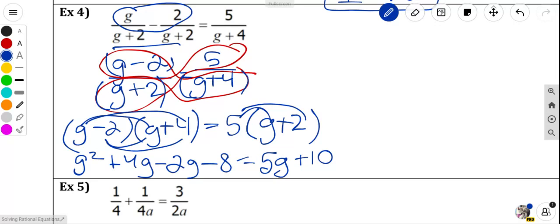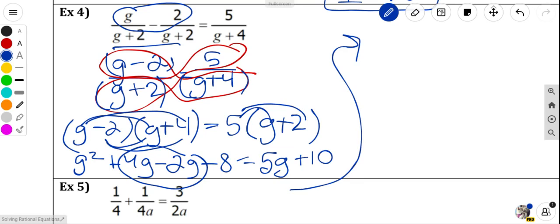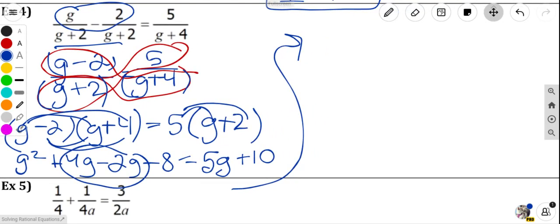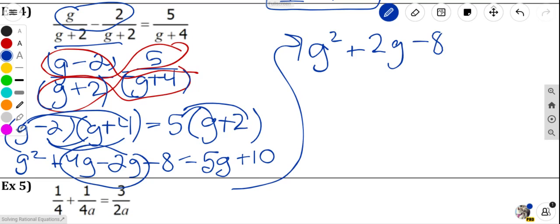Okay, on the left-hand side, we have to combine these like terms. I'm going to finish this up here. So this becomes g squared plus 2g minus 8 equals 5g plus 10. Since we have a quadratic, which remember is just anytime you have an exponent of 2, we need to bring everything to the same side and factor.